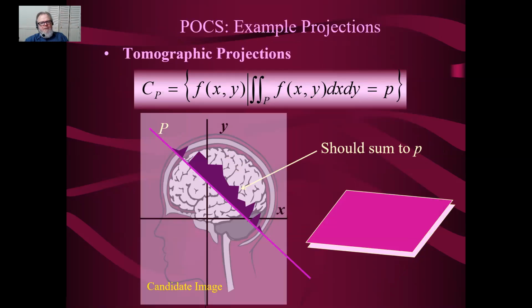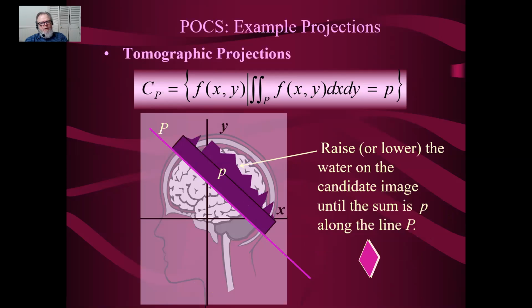So here you can see the value of P here is too small. So we want to raise the water level, and this is what happens when you raise the water level. You get a little bit of elevation to that projection, and that is the projection onto the convex set of all of the signals which have an area of P.